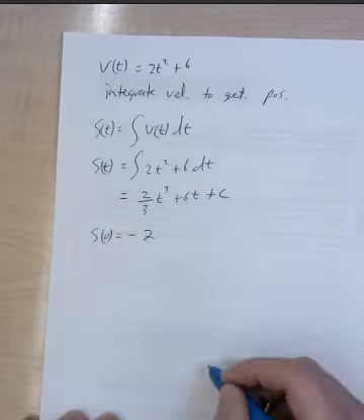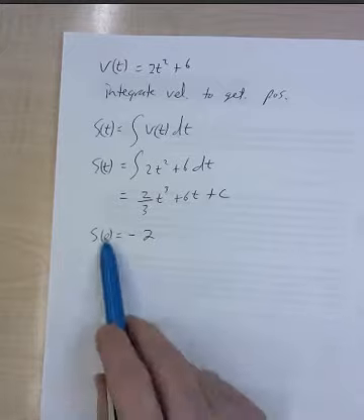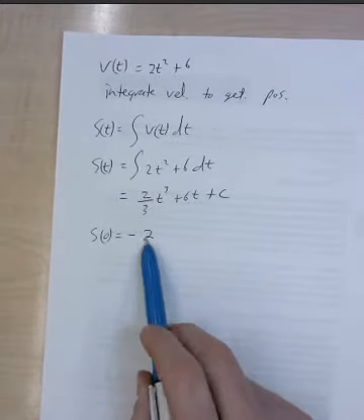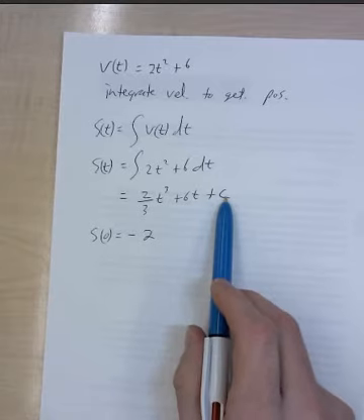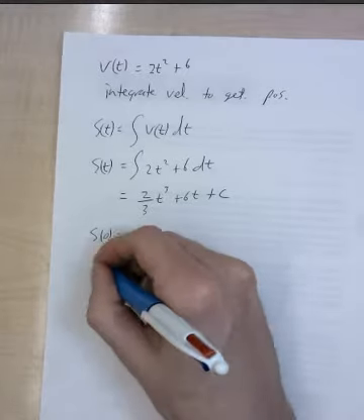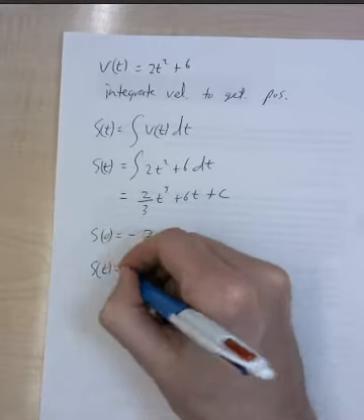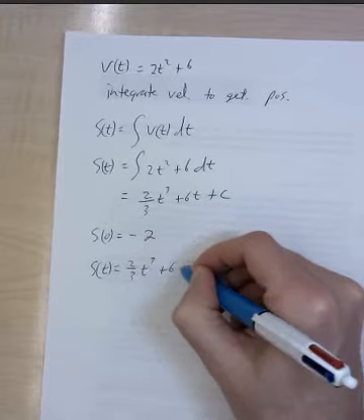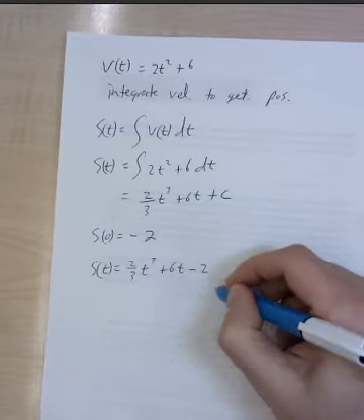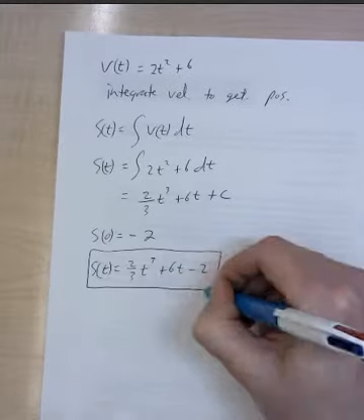So we're going to plug in 0 for t, negative 2 for S, and we're going to find c, which, no surprise to anyone, is going to end up being negative 2. So S of t equals 2/3 t cubed plus 6t minus 2. There's our specific position function.